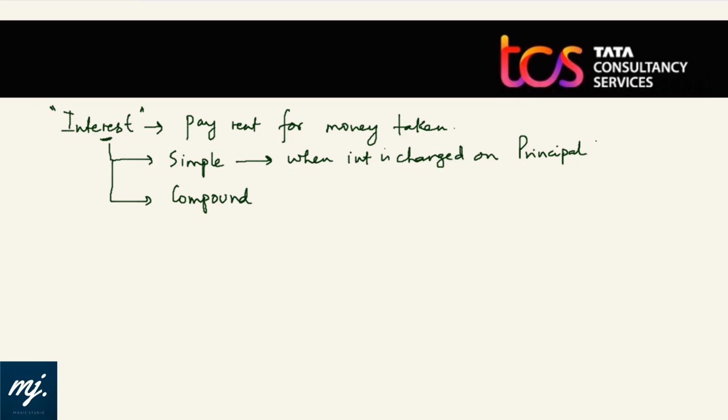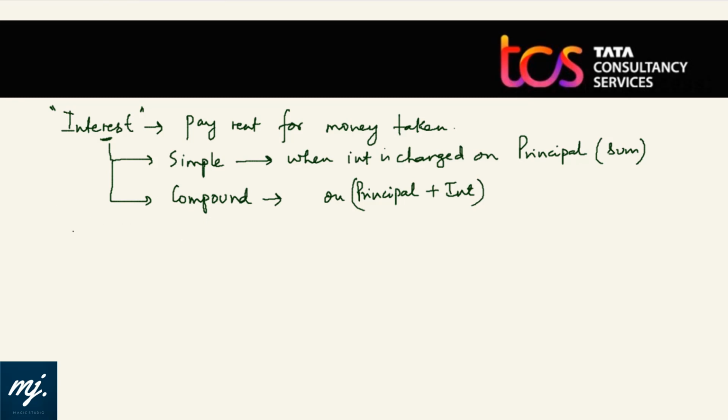Principal means the sum of money you have borrowed. If every time interest is charged on principal, it is known as simple interest, and it is known as compound interest when it is charged on principal for the first year, and from the next year we start charging interest on interest also. That's why the name given is compound interest.